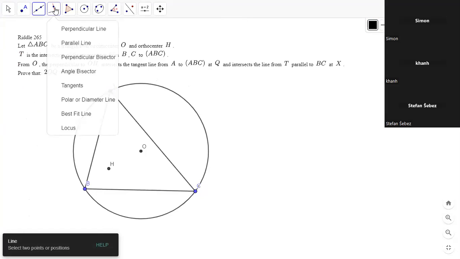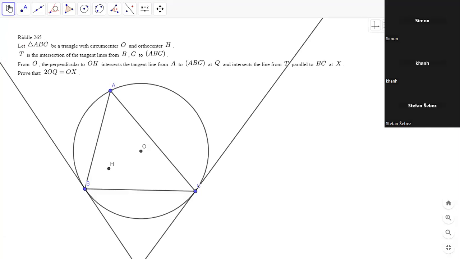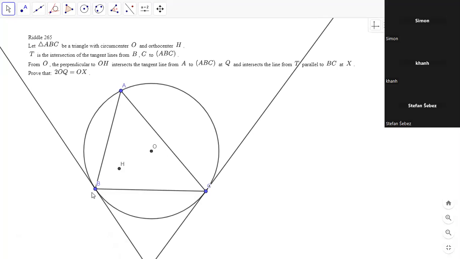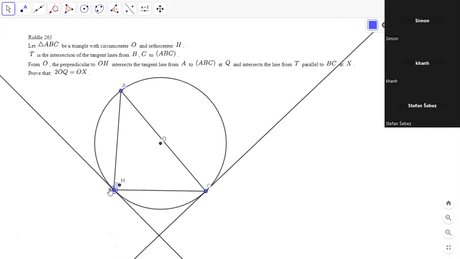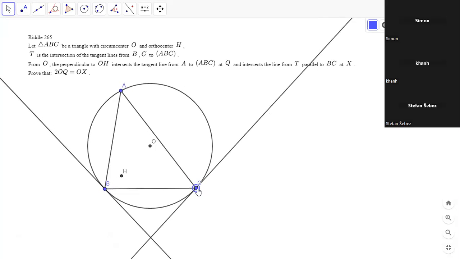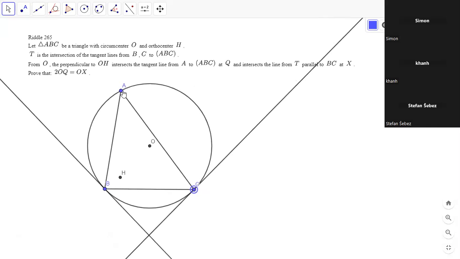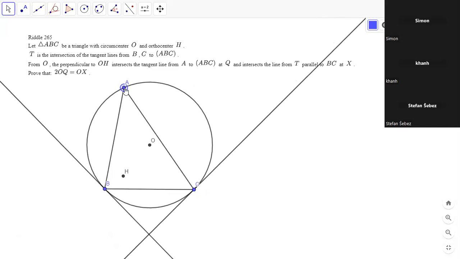So let's draw the two tangents and let them intersect at T. I think that's good. So this will be T.